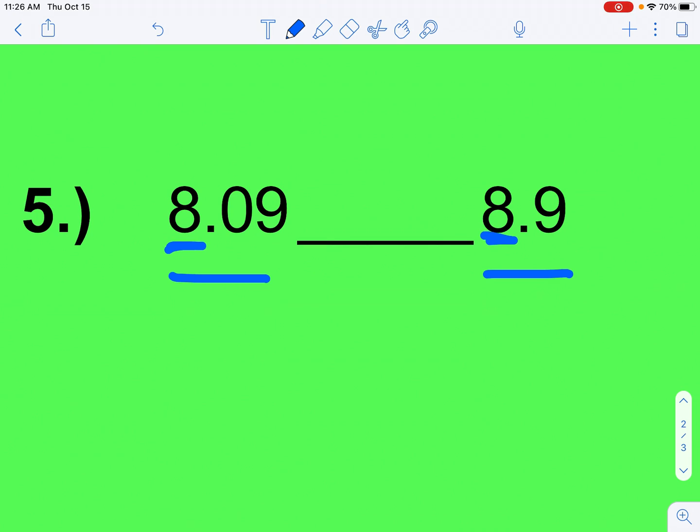We start with our first number. They're both 8s, so we move on to our next number. I have a 0 in the 10th place and I have a 9 in the 10th place. What number is bigger, a 0 or a 9? Right, that 9 is bigger. So 8 9/10 is bigger than 8 9/100.